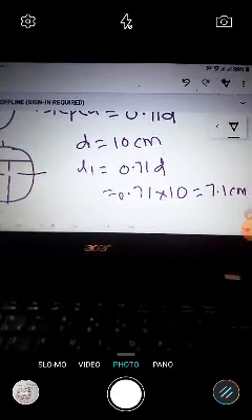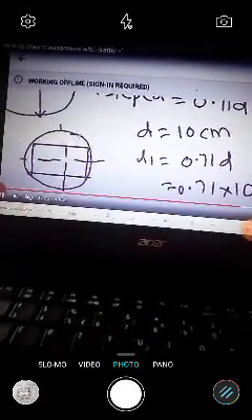Now 10 centimeters multiplied by 0.71 gives 7.1 centimeters. So it gives you 7.1 by 7.1 centimeters. This is a single step transformer.